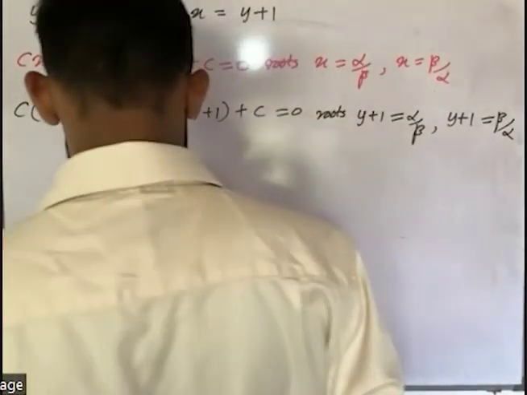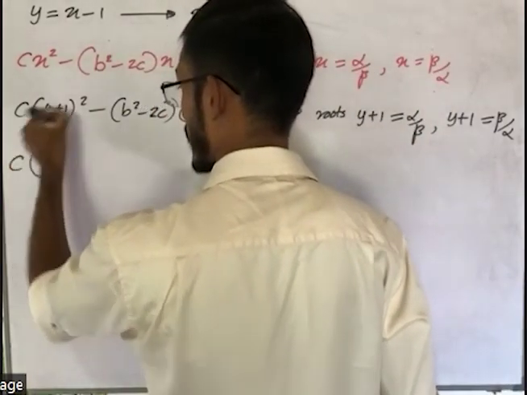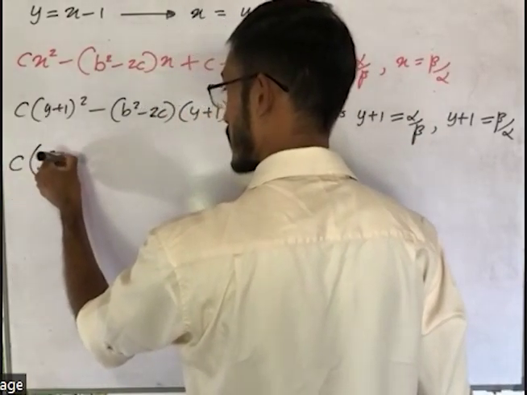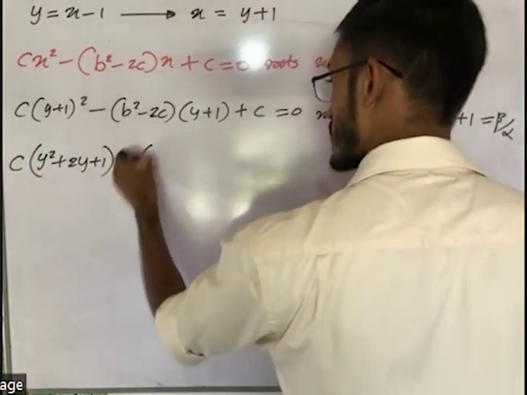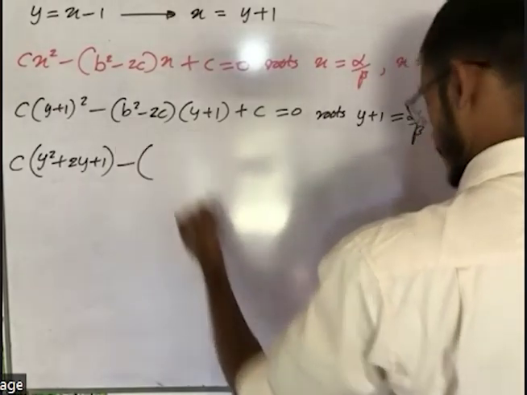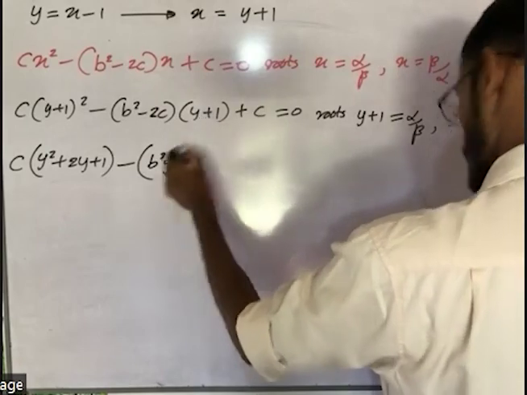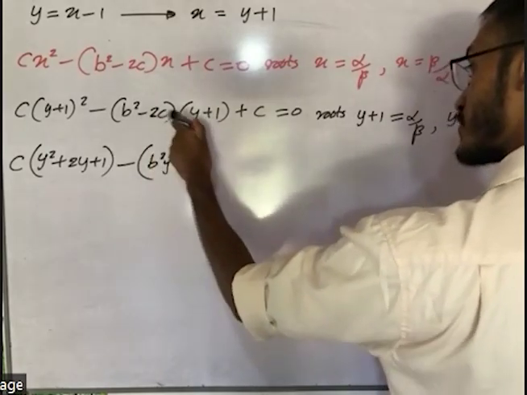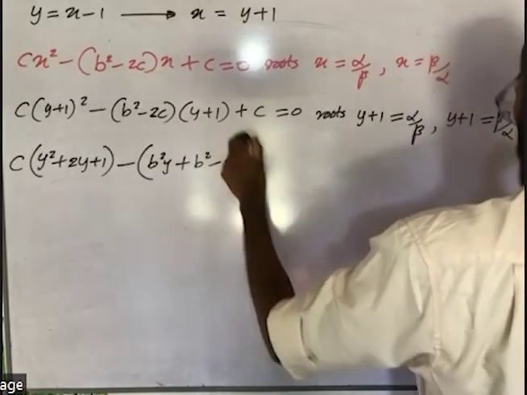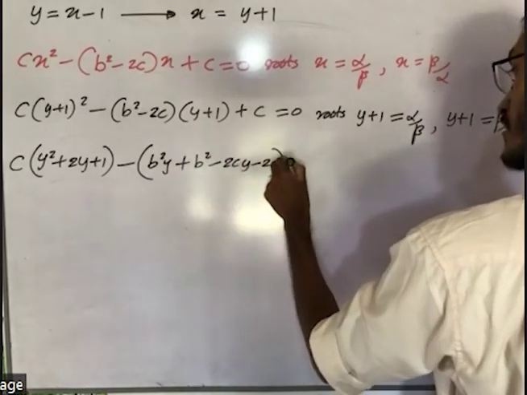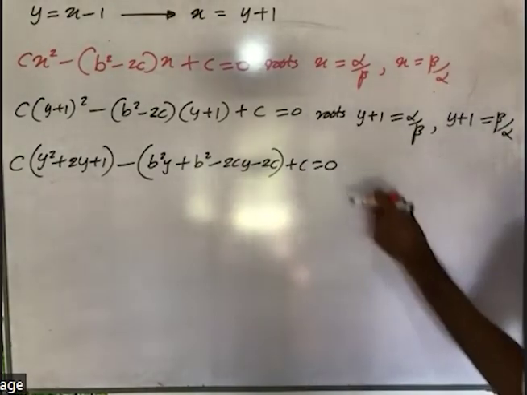Right. Now let's expand this and find the answer. c, y plus 1 square, that means y square plus 2y plus 1, minus b square y, plus b square minus 2c into y, minus 2cy, minus 2c into 1, minus 2c, plus c equal to 0. Right. Now we can write down the roots.